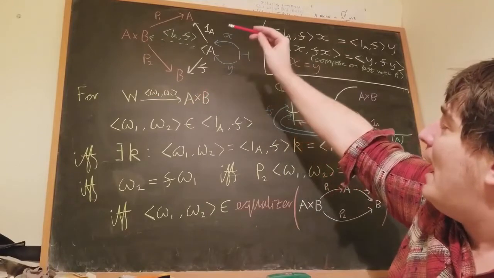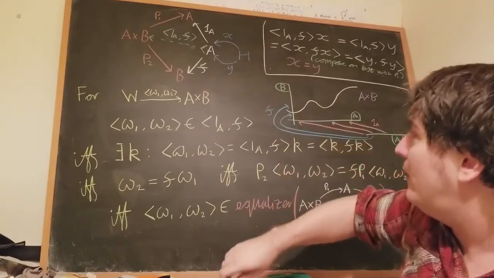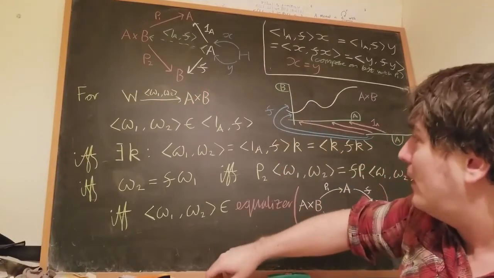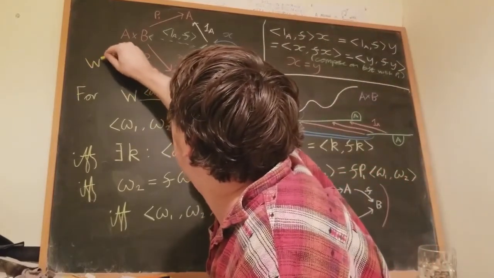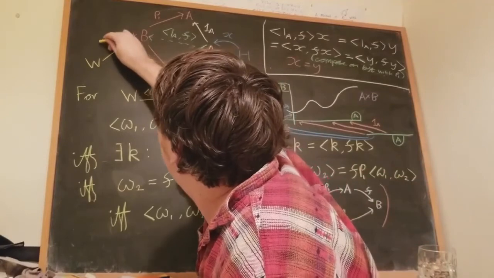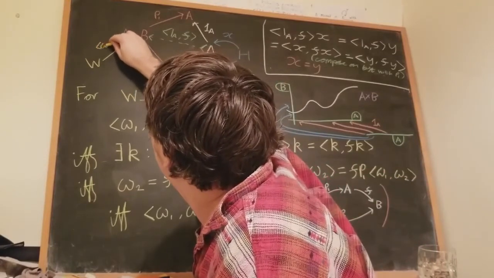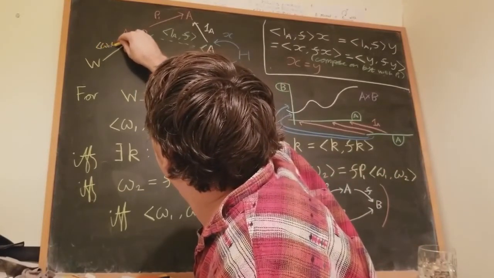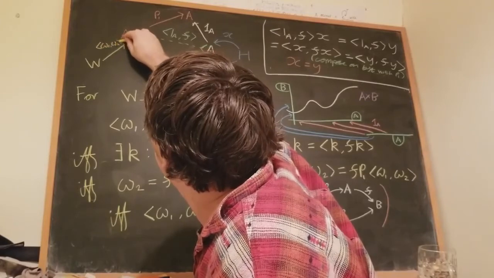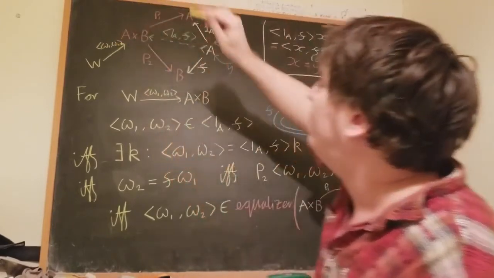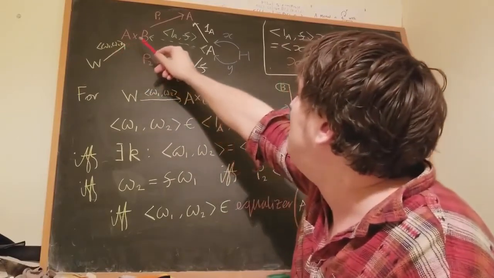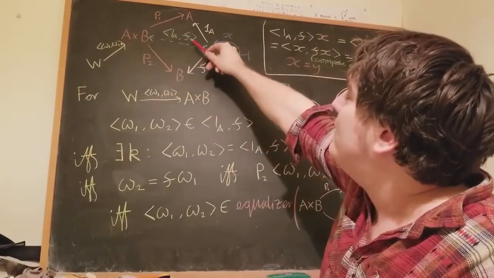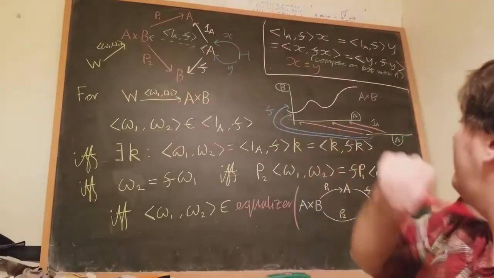So we can consider a general arrow, say from an object W. We could call this arrow W1, W2. And we can ask ourselves, when is W1, W2 going to be in the graph arrow?